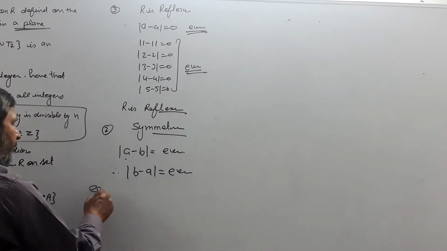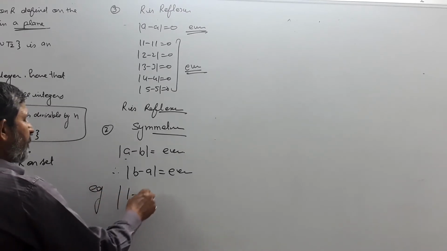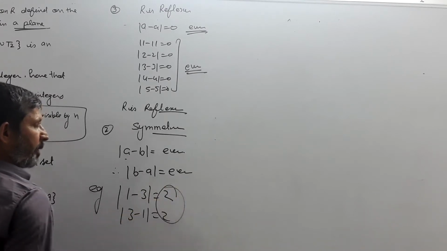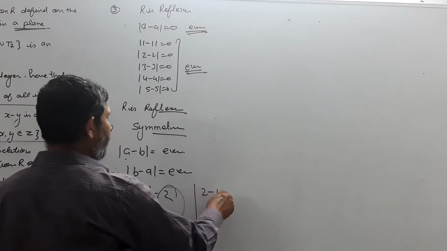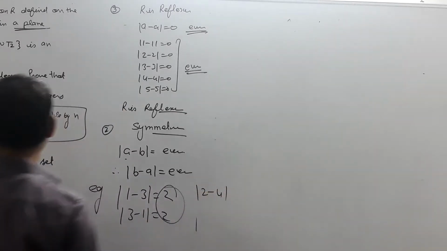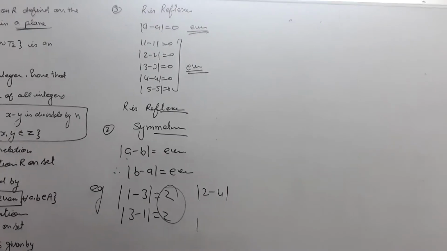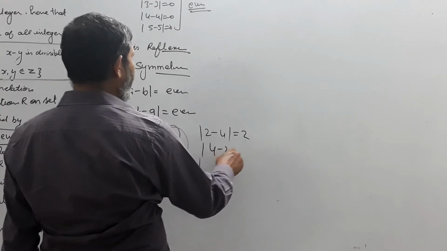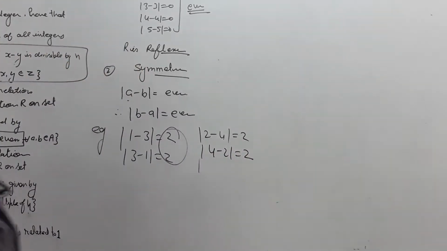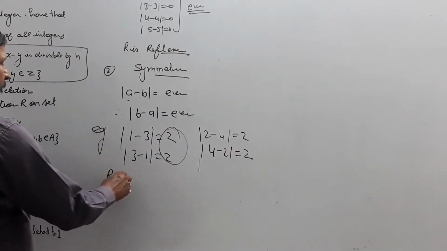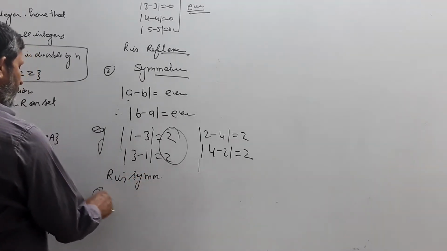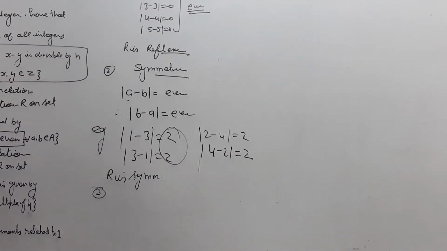For example, 1 minus 3 is 2 and 3 minus 1 is 2, both are even. These elements all belong to the given set. 2 minus 4 equals 2, or 4 minus 2 equals 2. Therefore, R is symmetric.